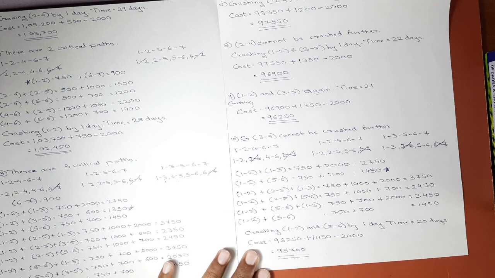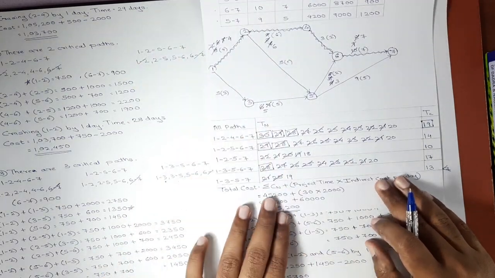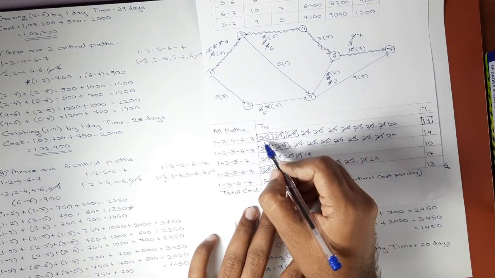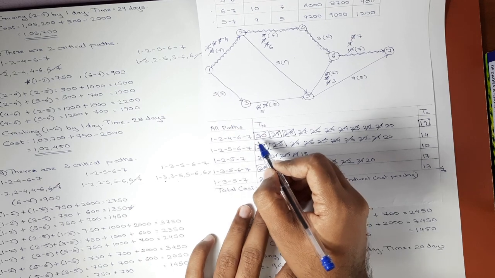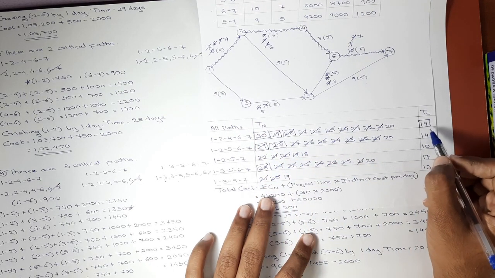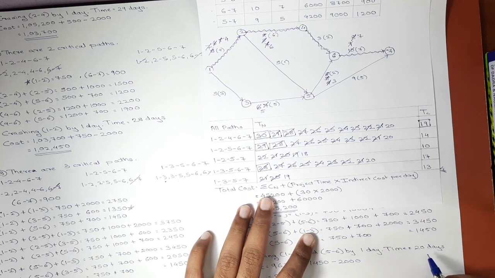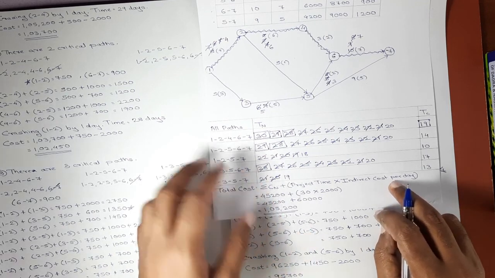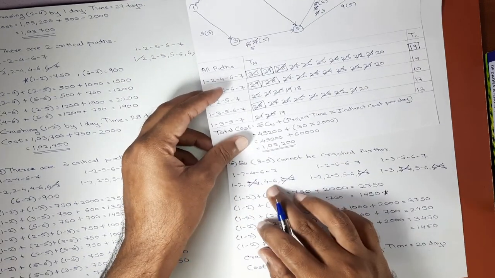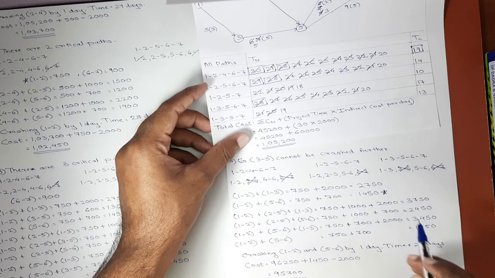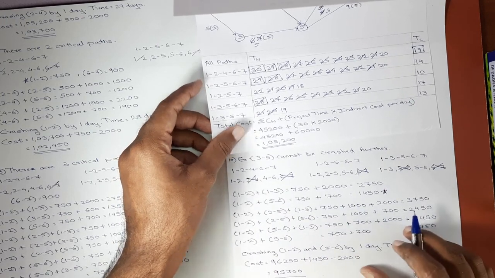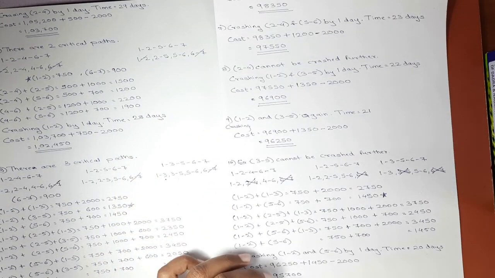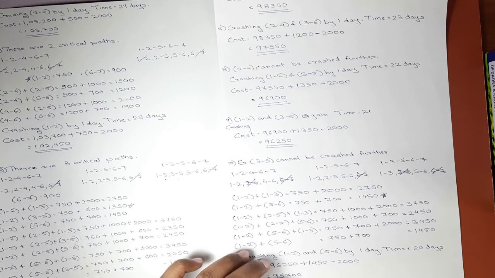In 11th step of crashing we'll be getting the time as 19 days, and if you refer this table, I have explained in the beginning that our crashing will start at 30 days, and it will stop at 19 days. We have already reached 20 days, so in 10th step of crashing we have reached 20 days, so definitely the 11th step of crashing will be the last step of crashing.